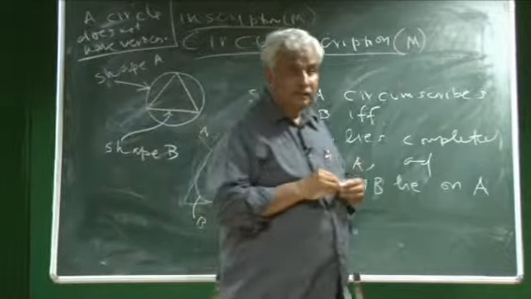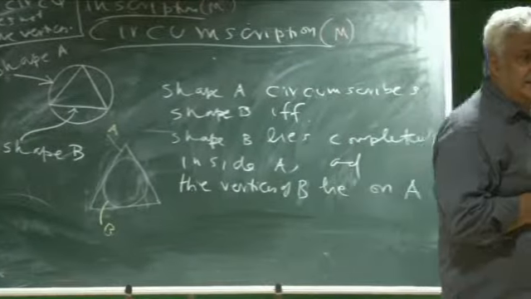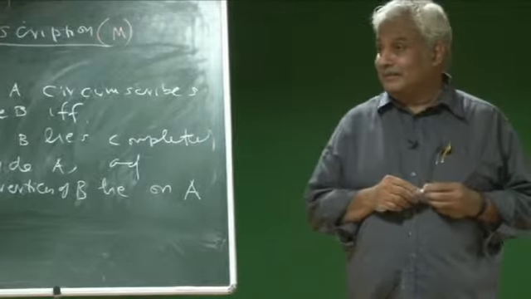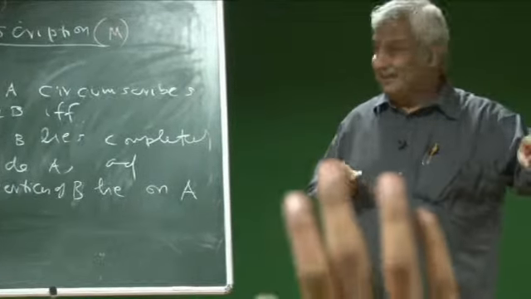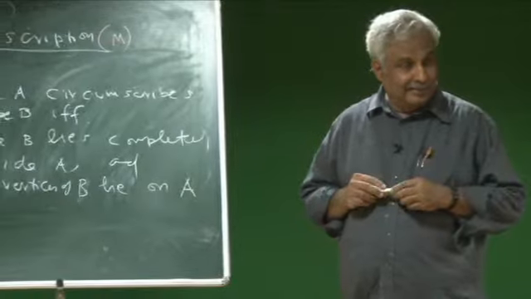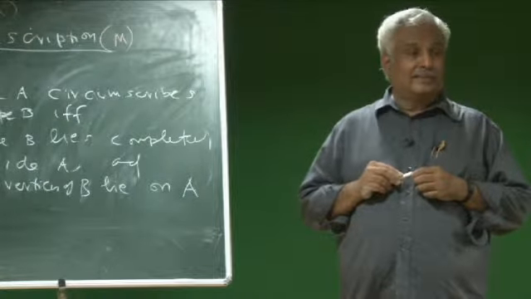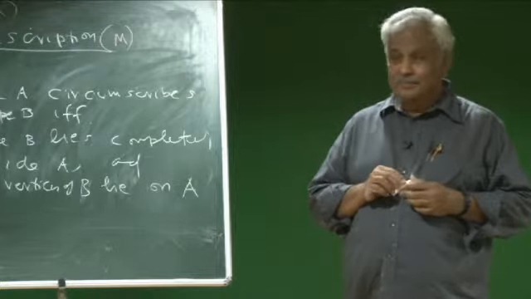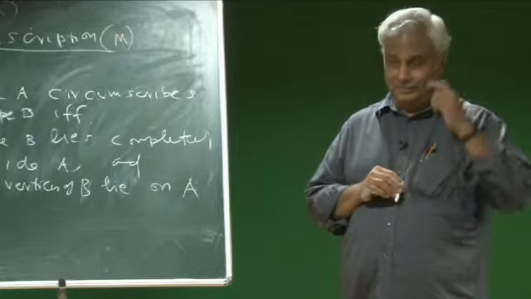Everybody agree? Does a circle have vertices? Yes or no? Anybody who thinks circles may have vertices? I think you could also say it in a way that all points in a circle are vertices because a circle is an infinite-sided polygon. So you could also say that all points are vertices.